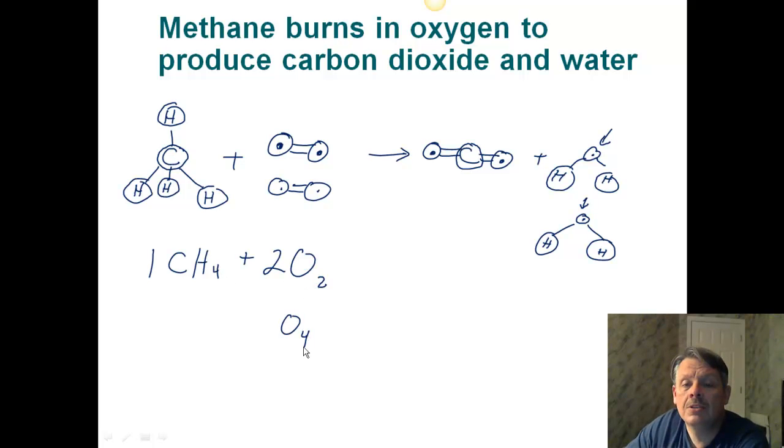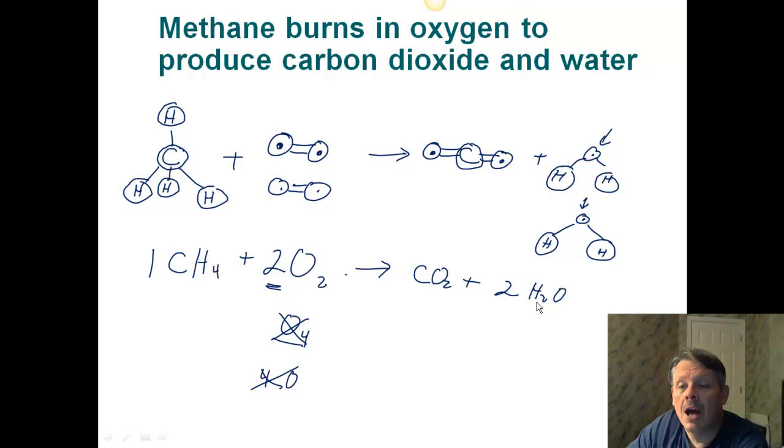Notice I didn't say O4s, and notice I didn't say four O's. They're not correct. What I have to say is O2 because it's a Brinkelhoff element, and I've got two of them. And over here I produce a CO2, and I produce two waters. I don't produce H4O2, that's not water. I produce two H2Os. Right.